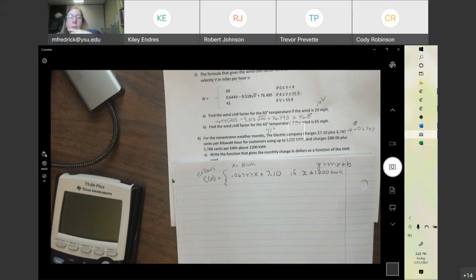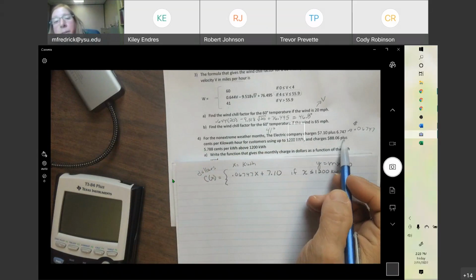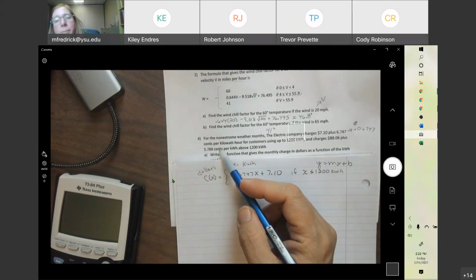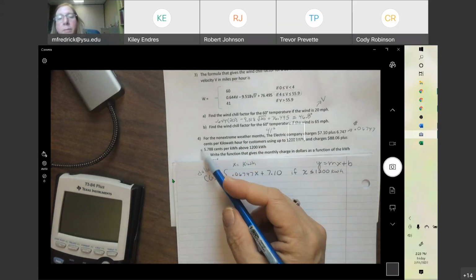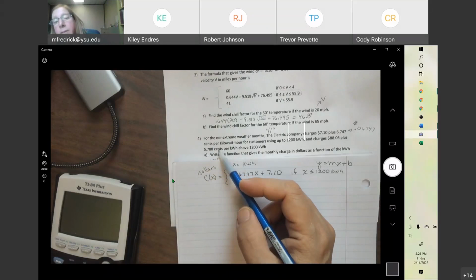Any questions on the first row? The second one is $88.06 plus 5.788 cents per kilowatt hour. So this is the one again, per means multiply. This gets multiplied times your X. It's a rate. But this is in cents.